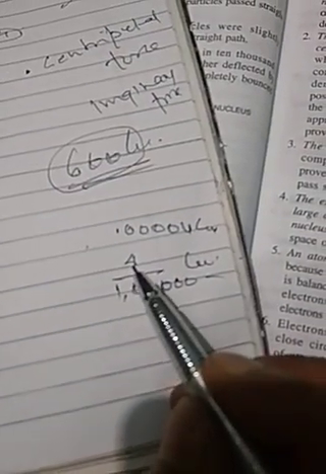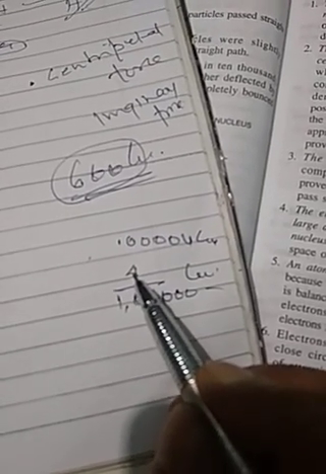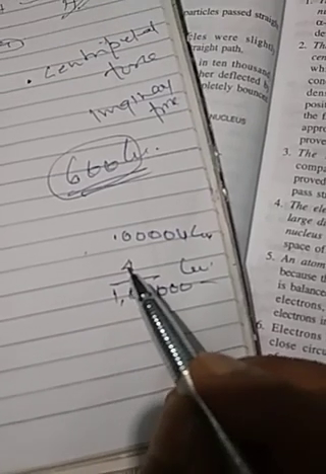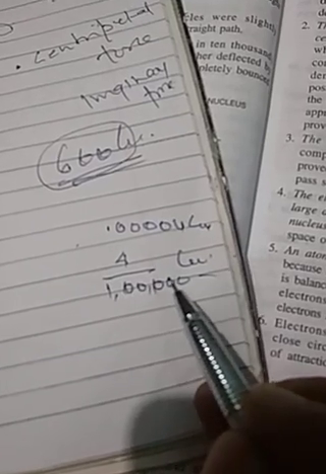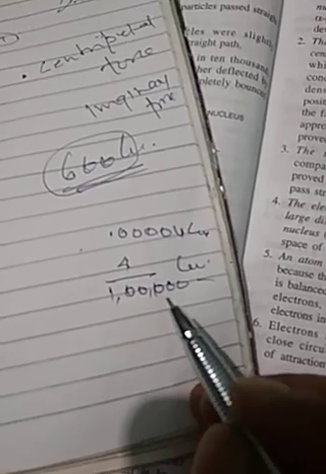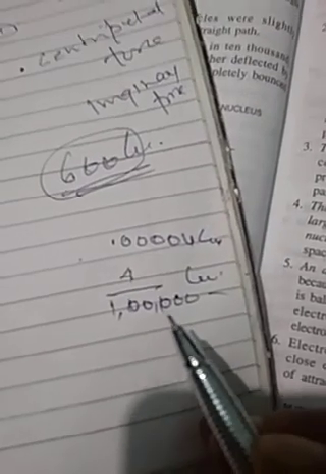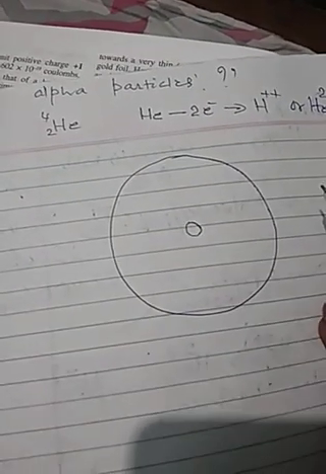Now you imagine, take a 4 centimeter thickness of gold as Rutherford has taken. Now he divided it into 1 lakh sheets. What a thin sheet it will be, very thin indeed. So Rutherford has taken a very thin sheet. Here we will have a word, foil, F-O-I-L.